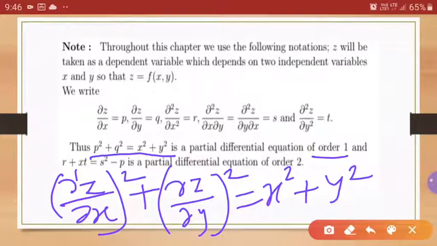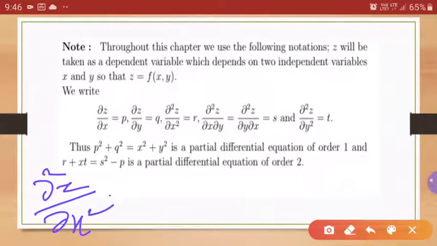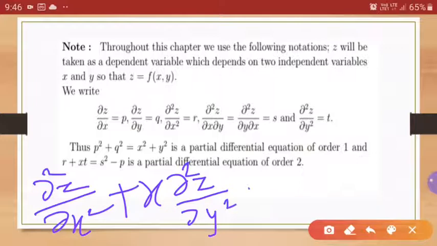So the next equation is r plus xt is equal to s square minus p. R is del 2z by del x square, so to write this equation, r is del 2z by del x square plus x multiplied by t, that is del 2z by del y square, is equal to s square.